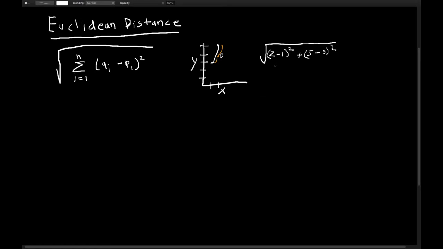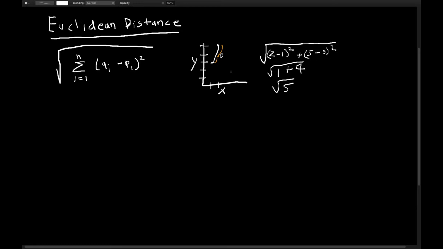So in this case, it's going to be 1 plus 4, which is 5, so the distance is root 5. So that's how we're going to find the distance.